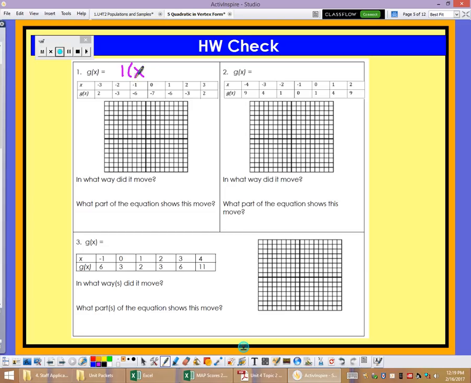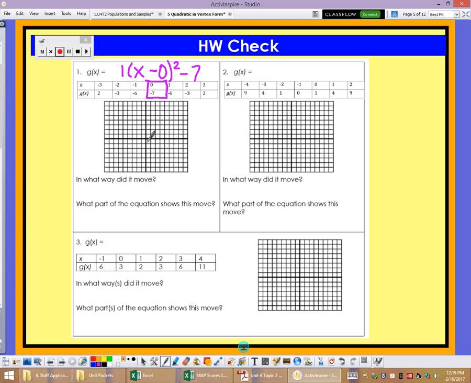You say -0. I don't necessarily agree with that. Here's my vertex. What's my x value of my vertex? Okay, so you wrote -0. That's fine. And then? -7. You could also have written this as g of x equals just x squared minus 7.